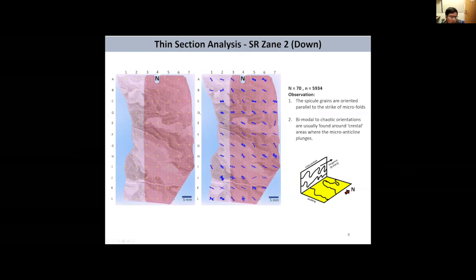For example, here in the field D2, we see a higher standard deviation of the spicule orientation as compared to the flank. And also, this is another example where we have bimodal. This is because the maxima are actually a combination of the flank orientation from both sides.